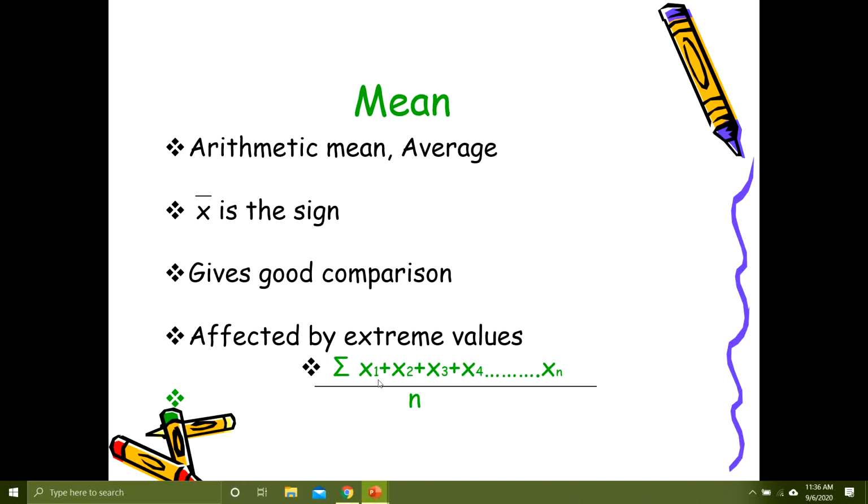X1 is the observation of participant 1, X2 is the observation made on participant 2, X3 is the observation made on participant 3, and so on until we reach Xn, which is the total sample size. We will sum up all the observations and divide them by the number of observations and we will get the mean value.